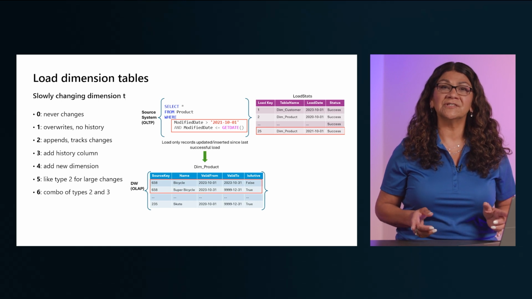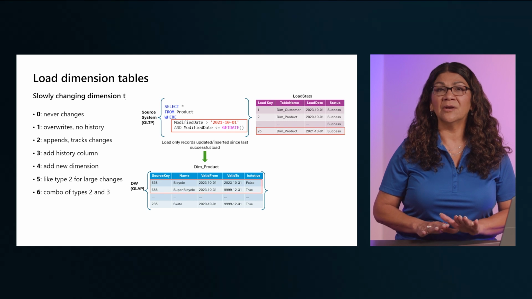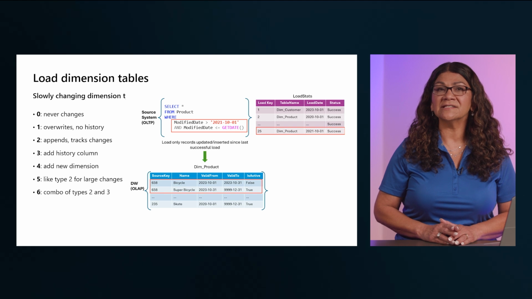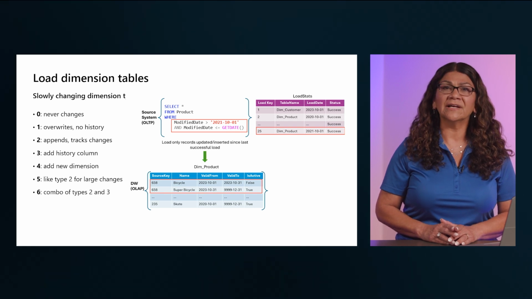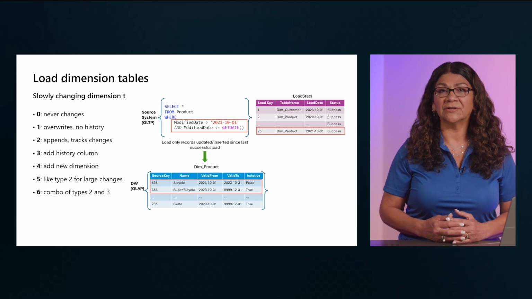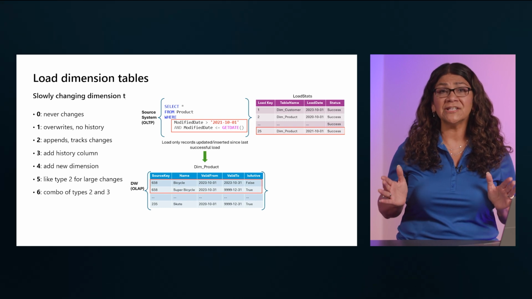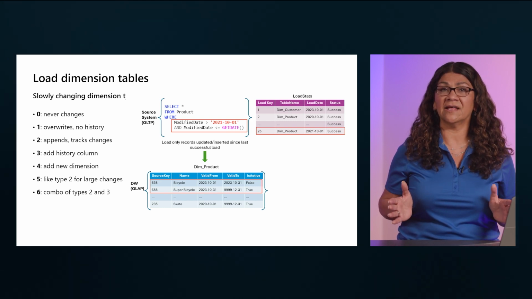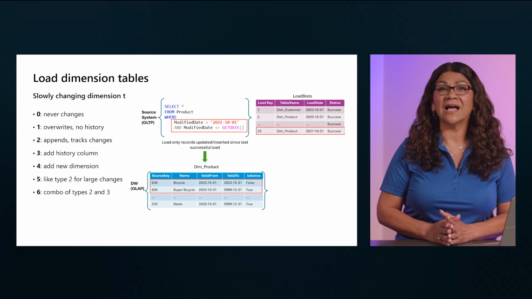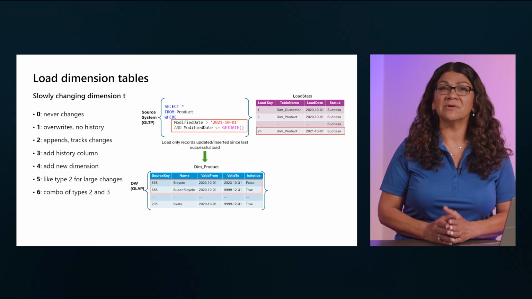Slowly changing dimensions change over time, but at a slow pace and unpredictably. For example, a customer's address in a retail business. When a customer moves, their address changes. If you overwrite the old address with the new one, you lose the history. But if you want to analyze historical sales data, you might need to know where the customer lived at the time of each sale. This is where slowly changing dimensions come into play.